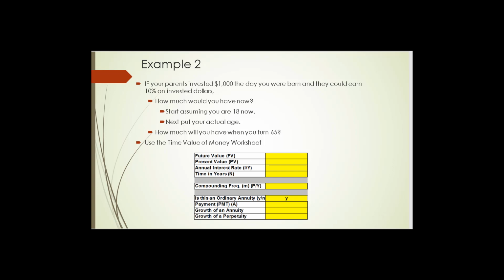$490,370. What would be that answer if you compounded monthly? We can change this example just by changing the numbers in the table, obviously. In this case, first of all, we changed from 18 to 65 in years. And this time we're changing the compounding frequency from 1 to 12.